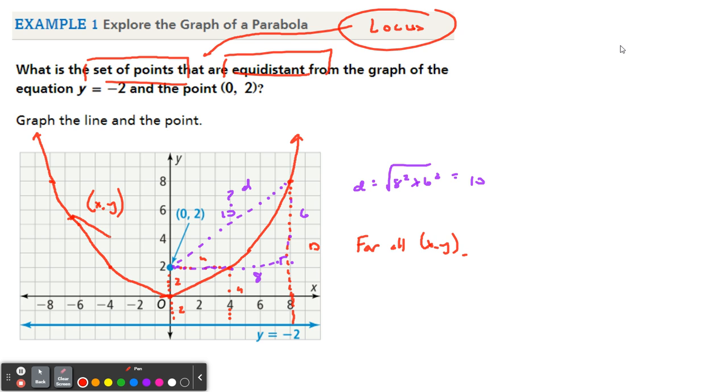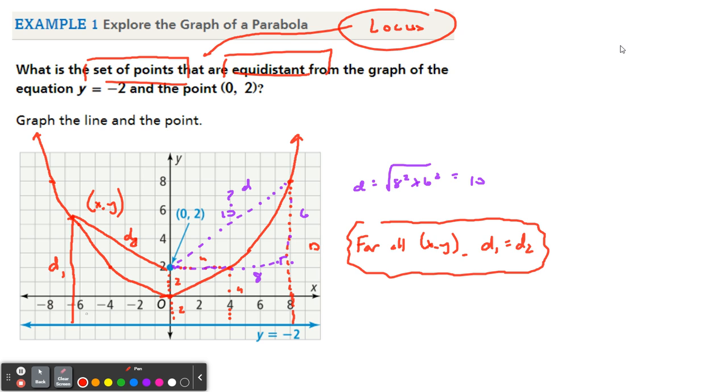This distance here, call it D2, is the same as this distance to the horizontal line, call that D1. So D1 is going to equal D2. And that is how you get a parabola. Now understand that this distance is perpendicular, so it's a vertical distance. This one is more diagonal, so you'd have to use the distance formula to find it.